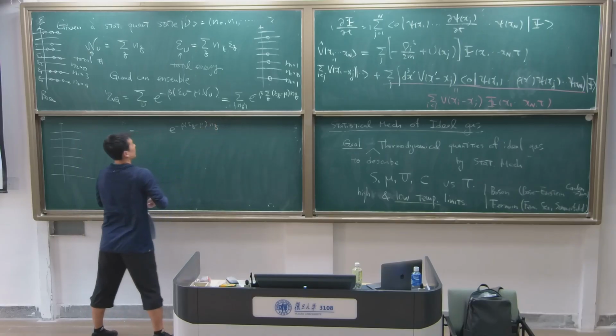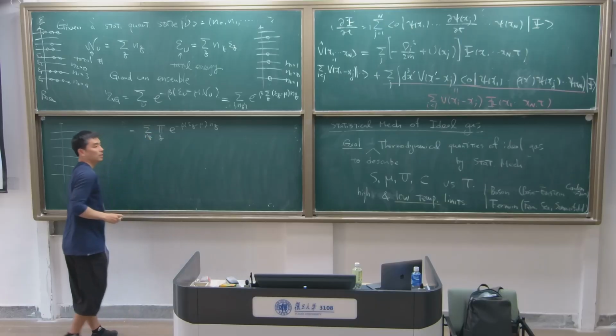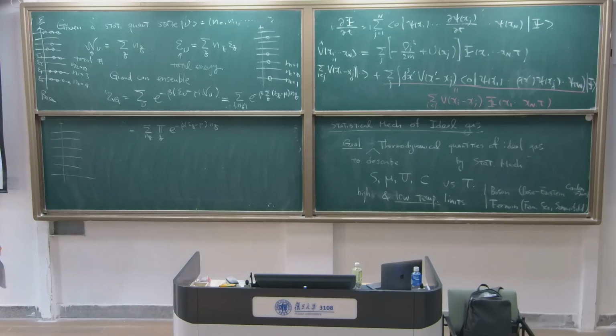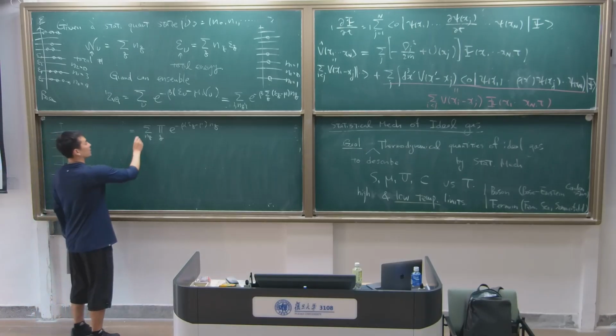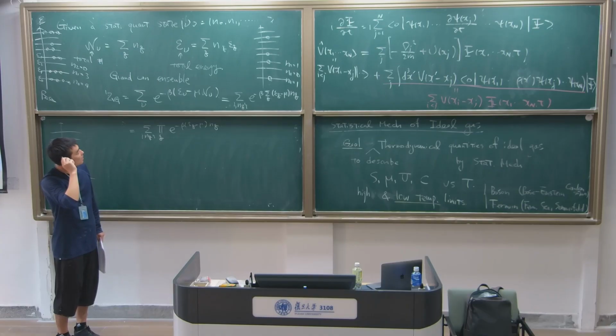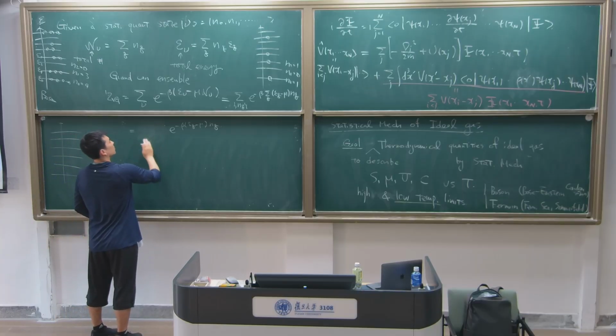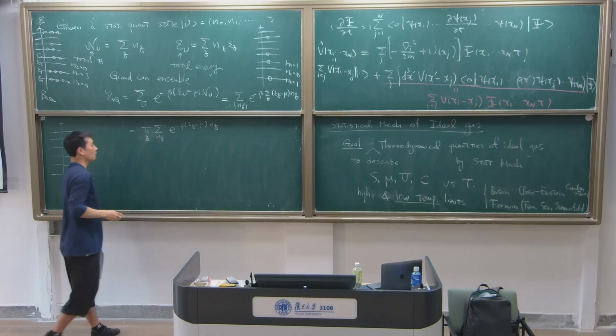So this expression, if you just write it down, is the product over q of the sum over n_q.